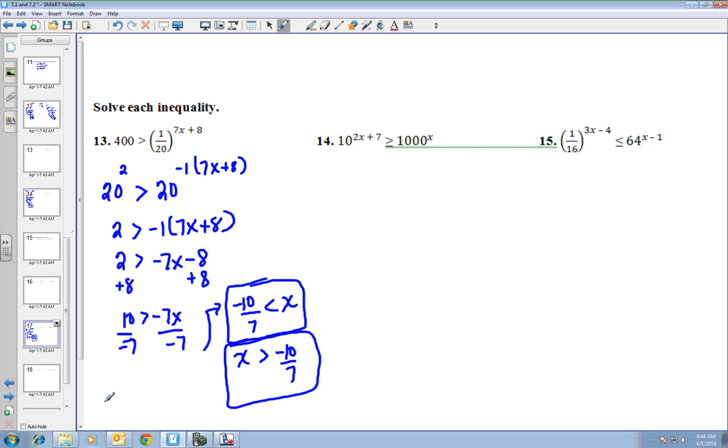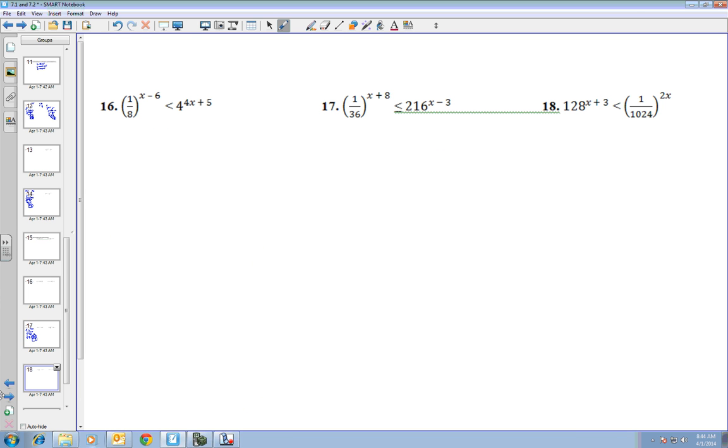Yes. I could write it like this, but normally we like the variable on the left-hand side, so that's why I switched it around. Okay, let's do number 18. What do you think I'm going to use as my base?